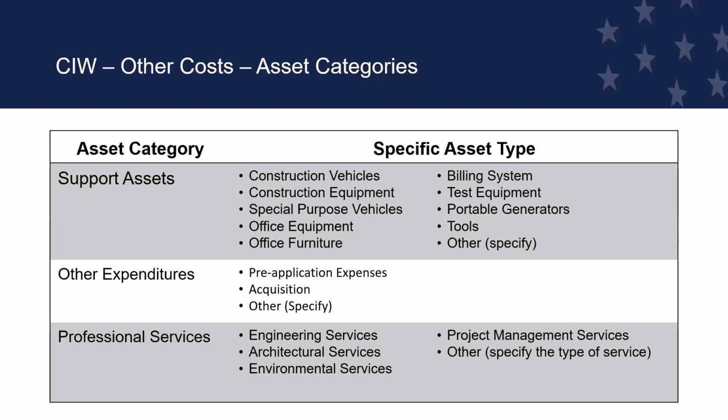Professional services can include engineering services, architectural services, but also there could be some specific services that are unique that are provided by a specific contractor, not just a general contractor, but some other thing like permitting, routing, traffic control that's unique to your situation. Maybe that's a professional service.